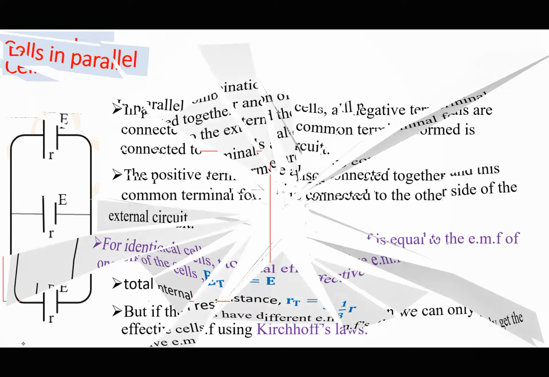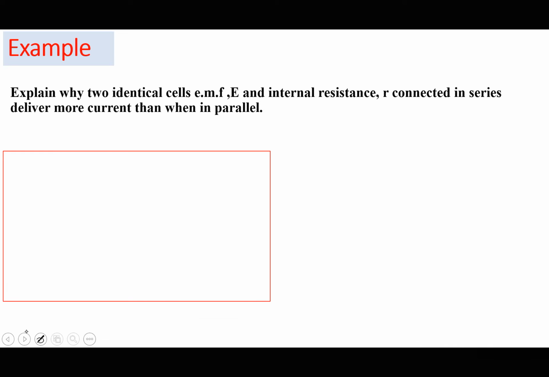Let me give a simple example here. I'll explain why two identical cells, EMF E and internal resistance R, connected in series, deliver more current than when in parallel. So we have two identical cells connected in series, and we are saying they are delivering more current than when they are connected in parallel.